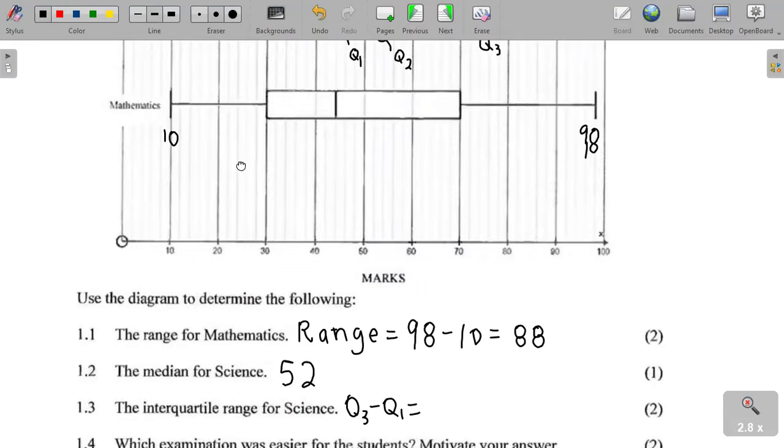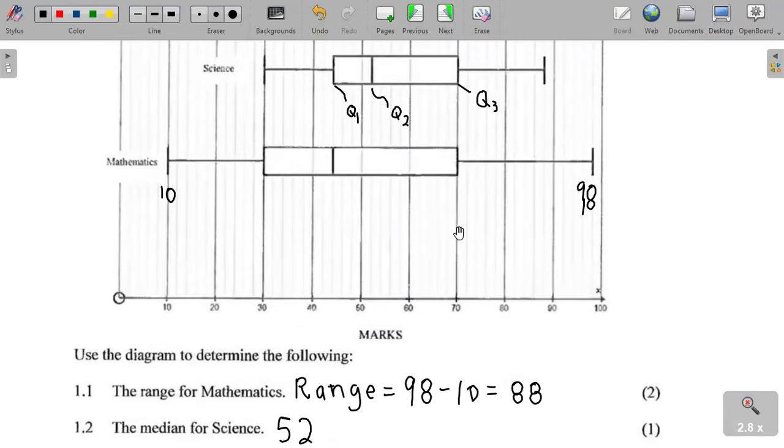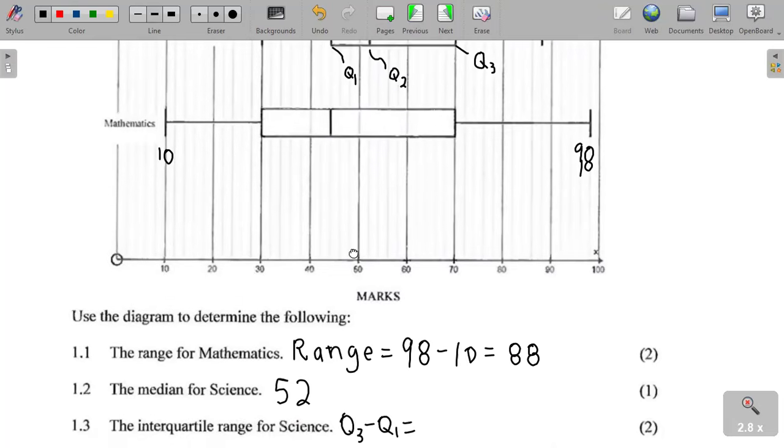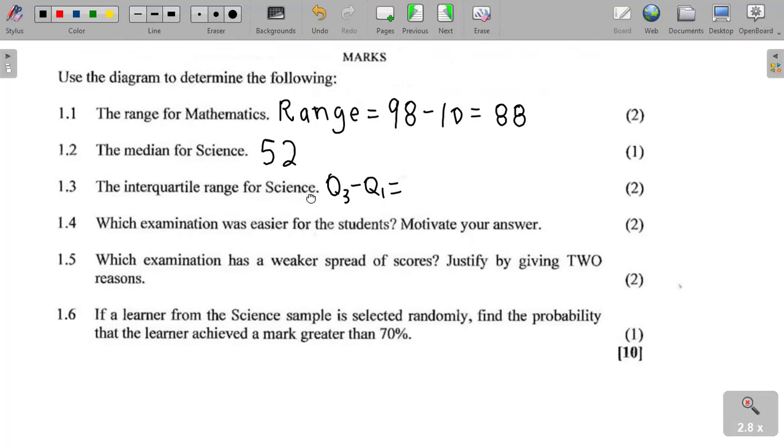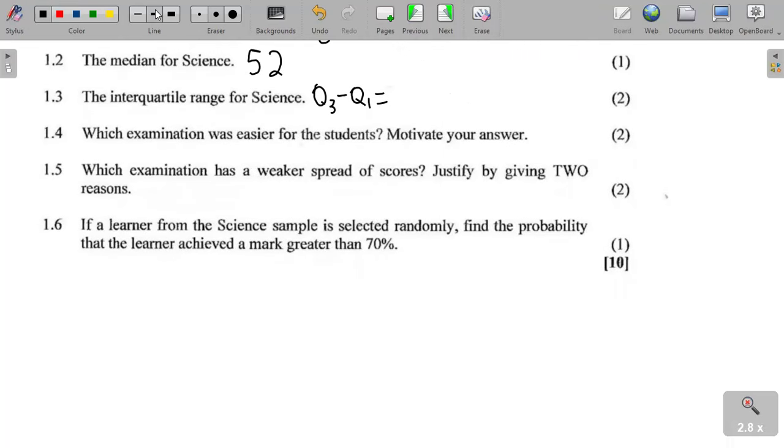For science, Q3 is 70, which is here, and then minus 44, because it's not exactly at 40. 70 minus 44 is going to be 26.